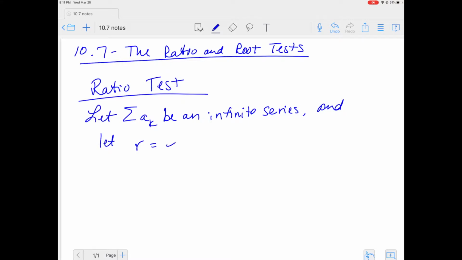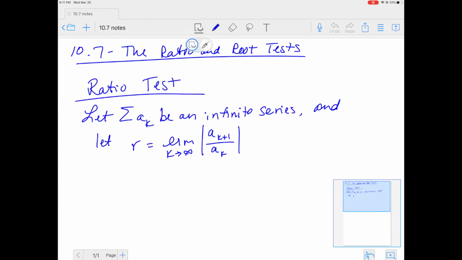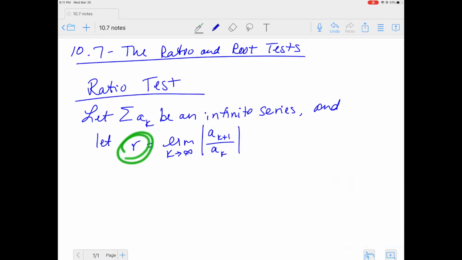Let r equal the limit as k approaches infinity of the absolute value of a sub k plus 1 over a sub k. So this is what's going on. We are coming up with our value of r. Now we're going to have criteria associated with r. So heads up on that. It's coming. Just give me a minute.